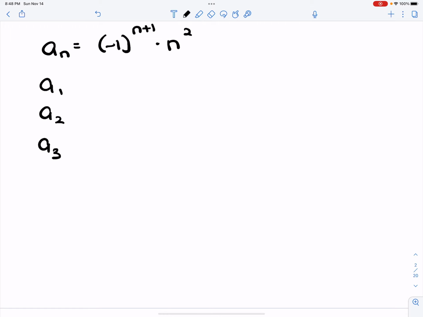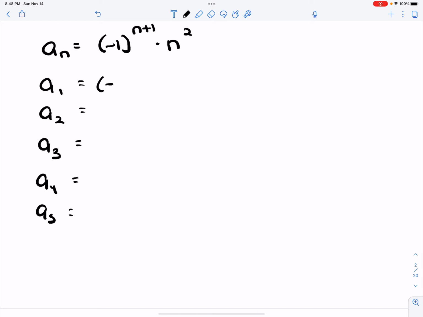So now let's say your sequence looks like this. A sub n equals negative 1 to the n plus 1 times n squared. And we want to find a sub 1, a sub 2, a sub 3, a sub 4, a sub 5. So just where you see n, you plug in whatever your n value is for that particular term.